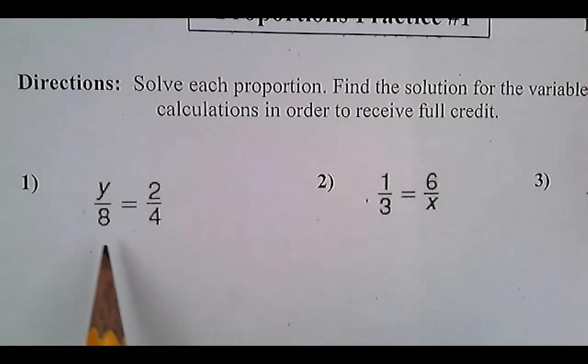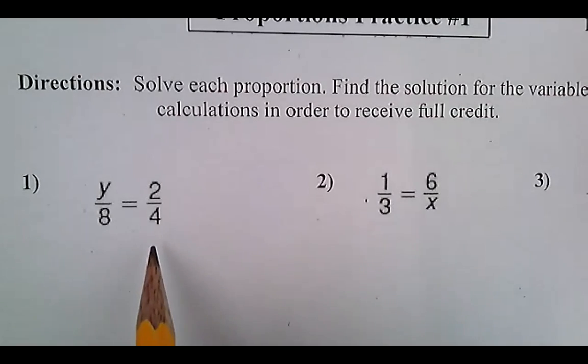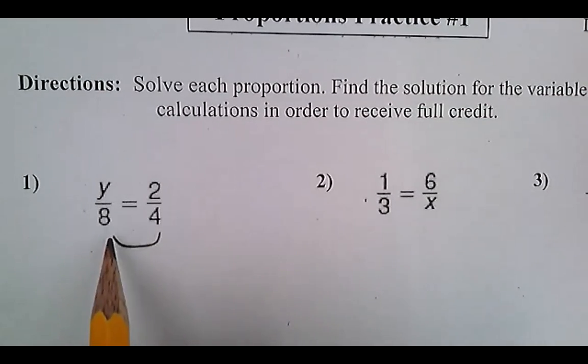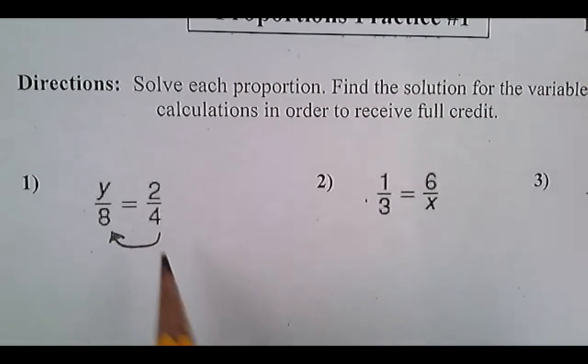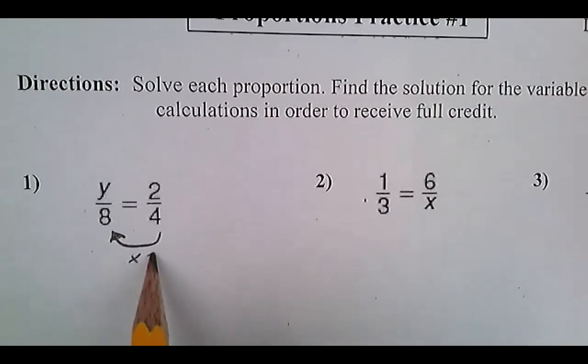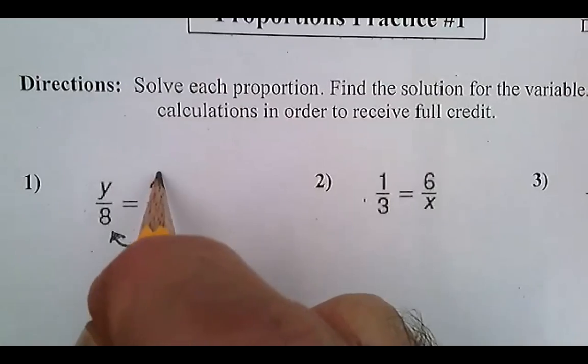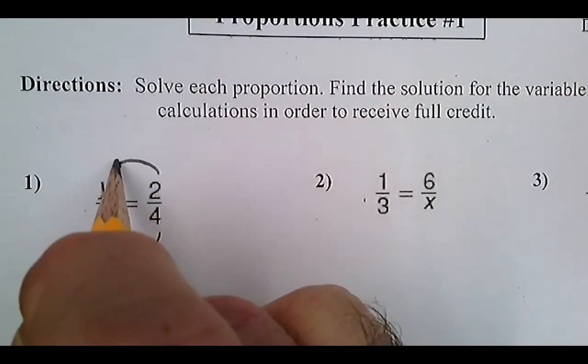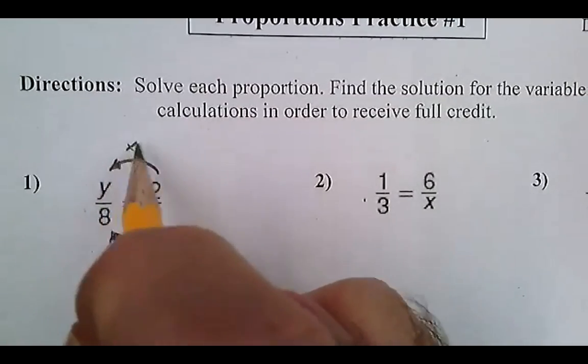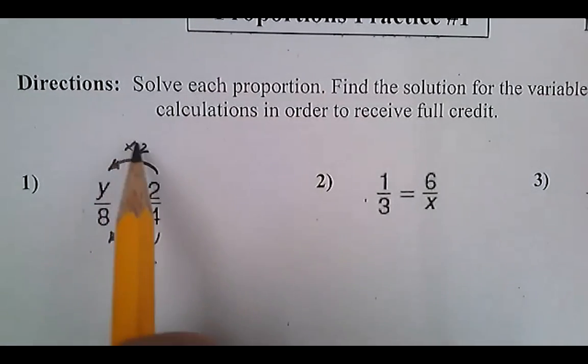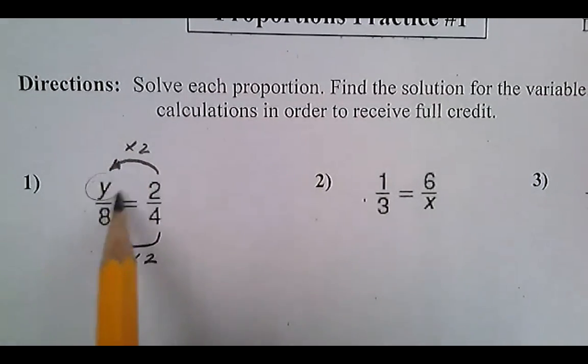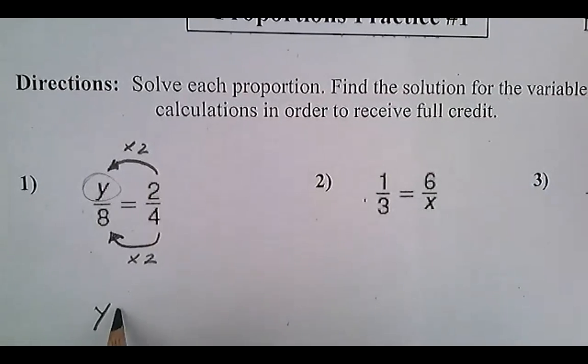I can go 4 to 8. So what did I do to get there? Well, I multiplied by 2, right? So then I can leapfrog up here, and I can do the same thing times 2, and then 2 times 2 is going to make 4 right there. So y would be equal to 4. Okay, so you can leapfrog that.